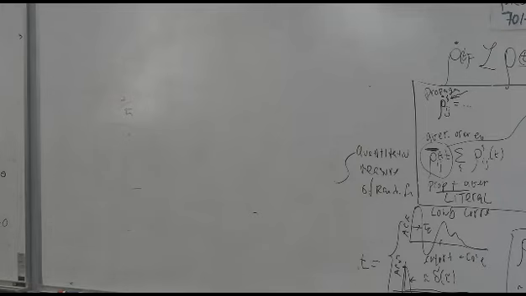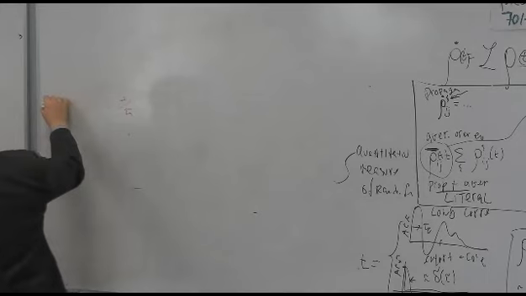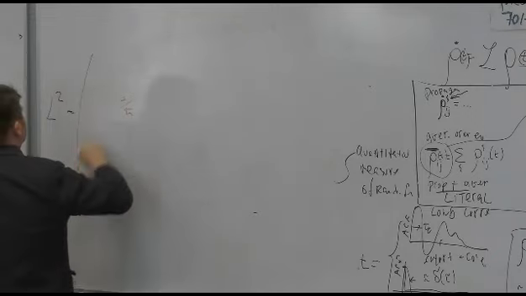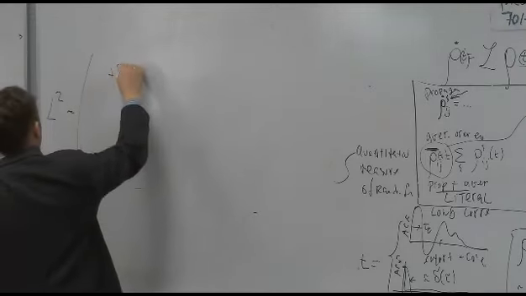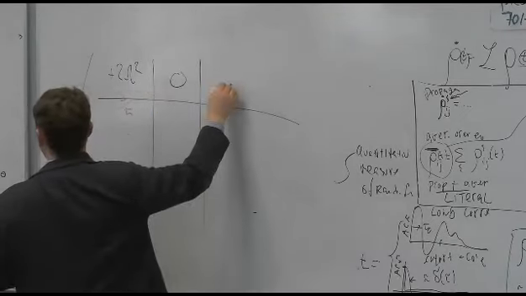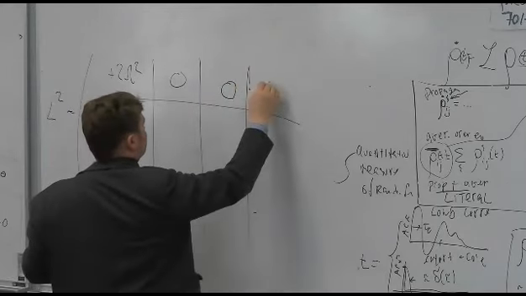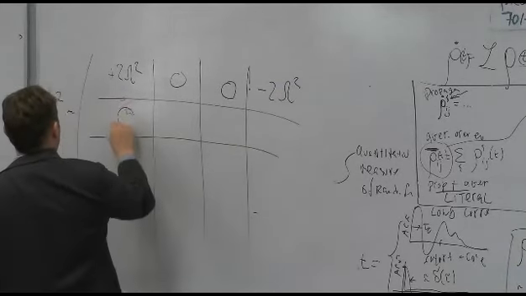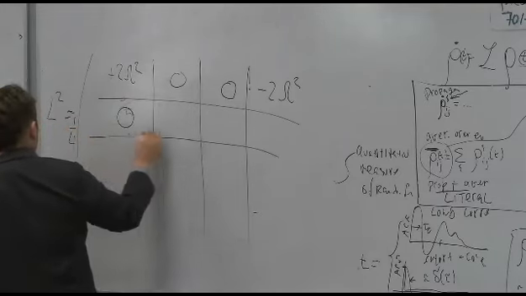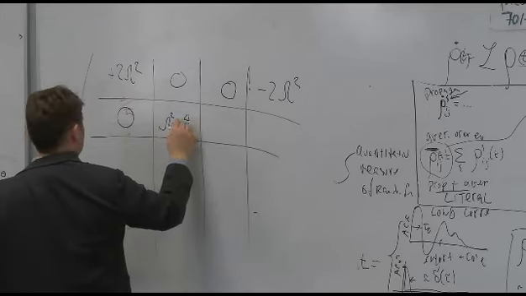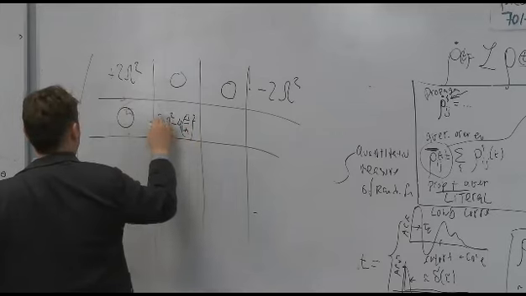There, here, and there. So here, L squared is related to a matrix where it will be plus 2 omega squared, 0, 0, minus 2 omega squared, 0, omega squared minus 4 delta omega squared, right?